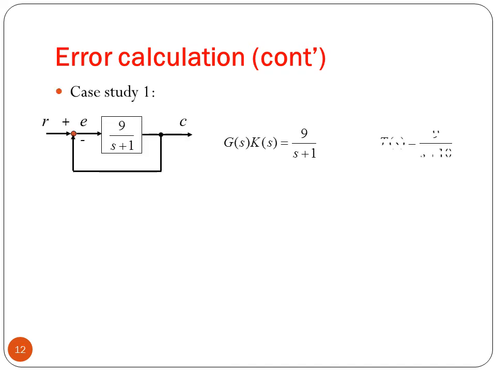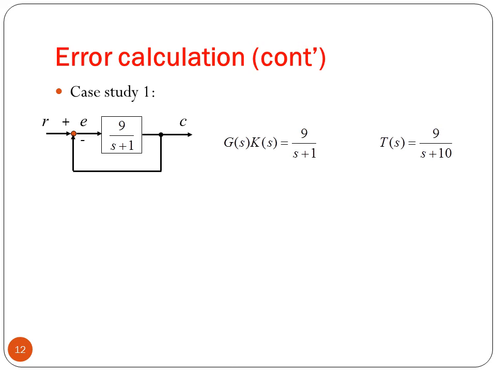So also here we'll present a case study. The system is a system of type 0, 9 over S plus 1. So the open loop transfer function is 9 over S plus 1. The error for a step input will be equal to 1 over 1 plus the limit of 9 over S plus 1 for S equal to 0.